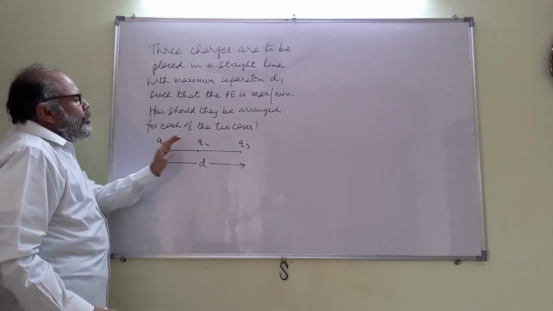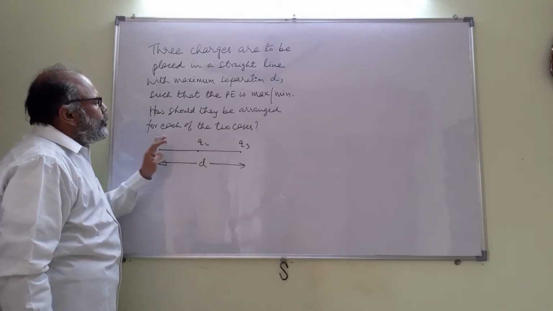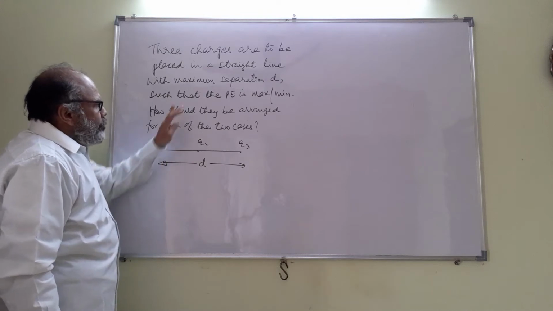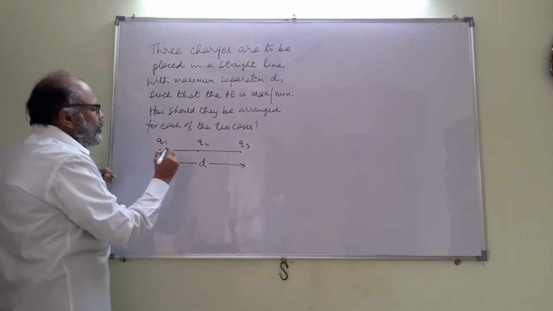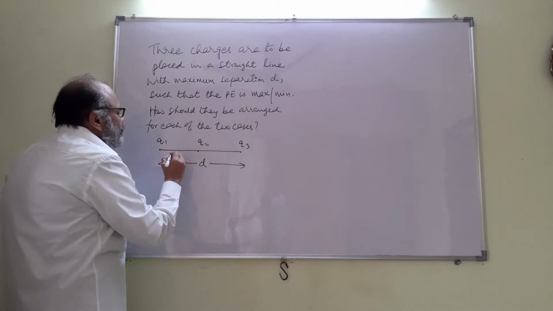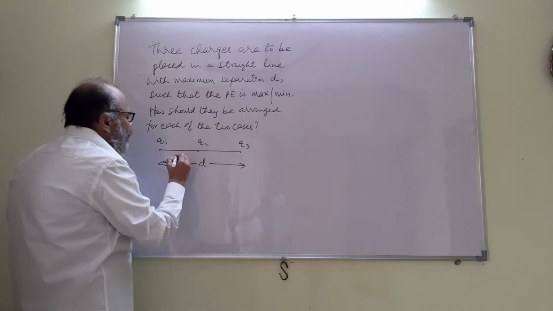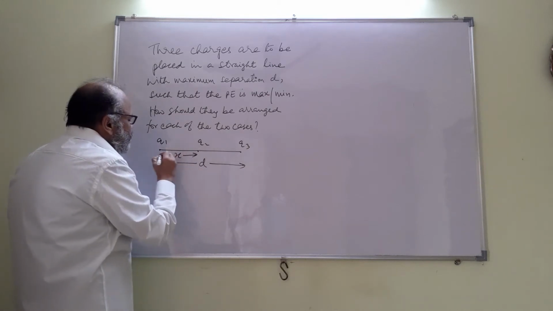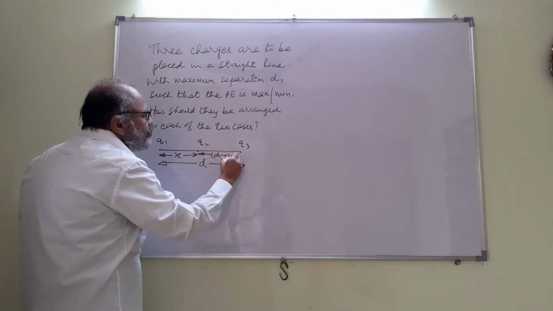So we would like to see how the three charges Q1, Q2, Q3 should be arranged so that the potential energy is maximum or minimum. So we have taken any three general charges, and let us say this distance is x. So this will be d minus x.